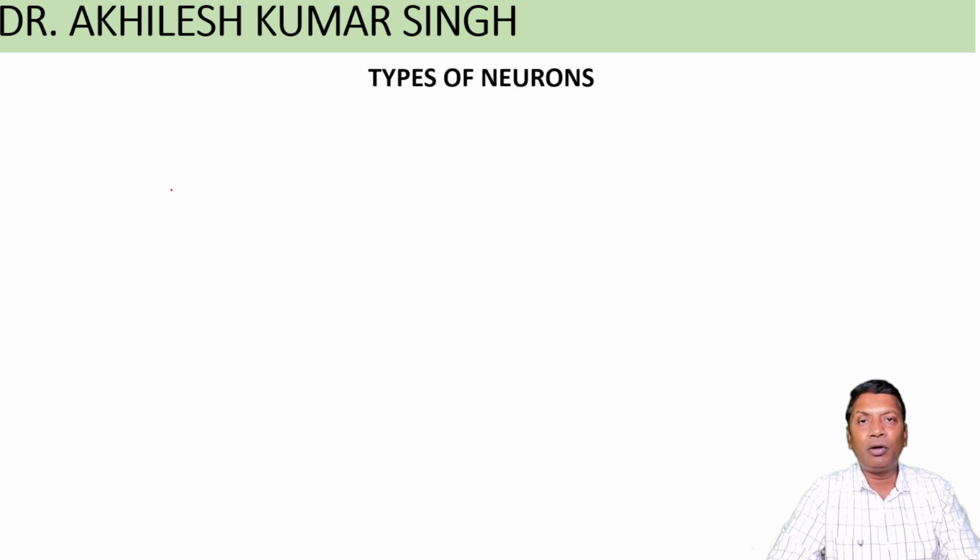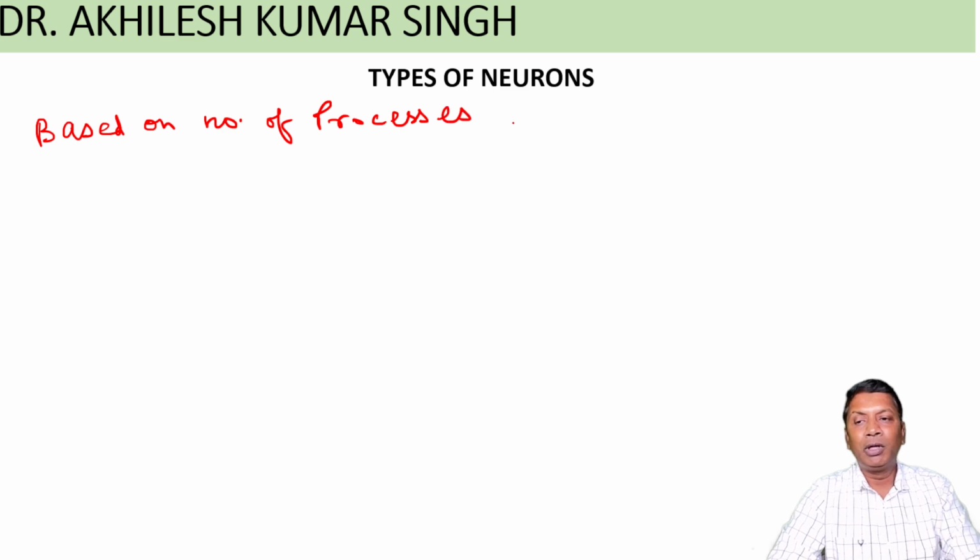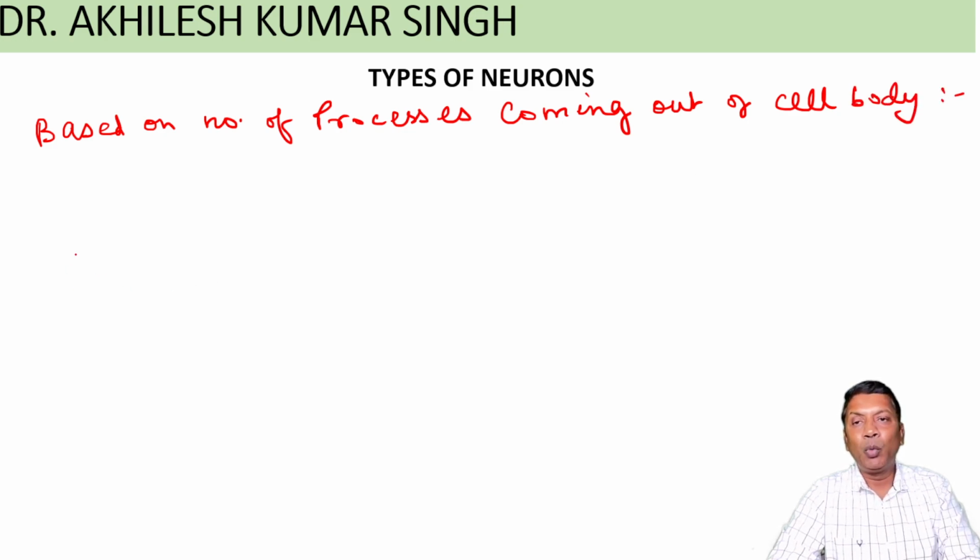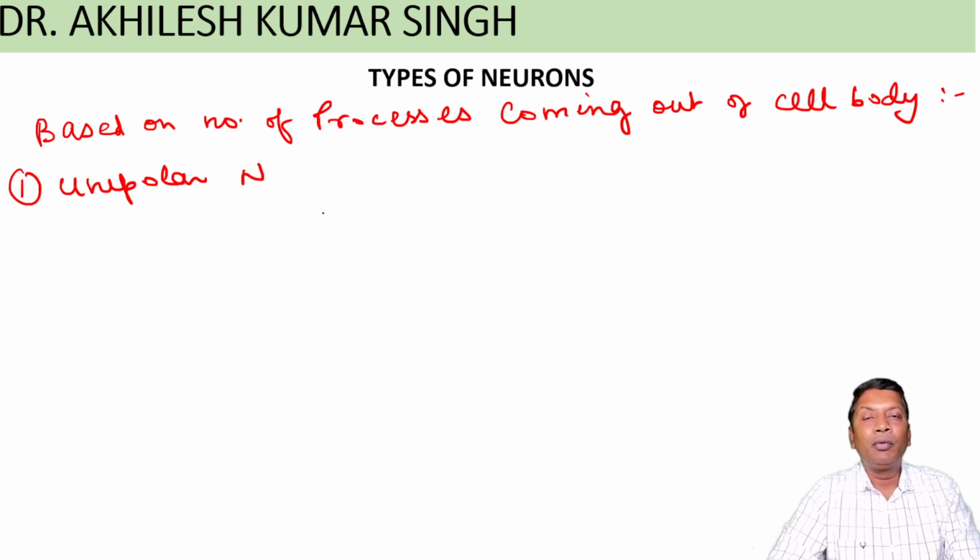So, based on the number of processes coming out of the cell body, the neurons can be: one is unipolar neurons, in which one process will come out from the cell body.